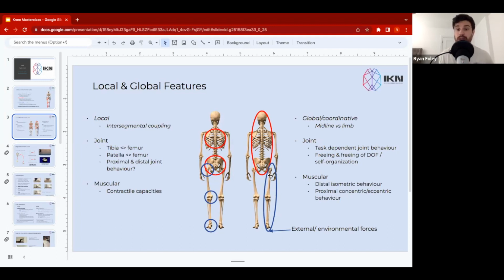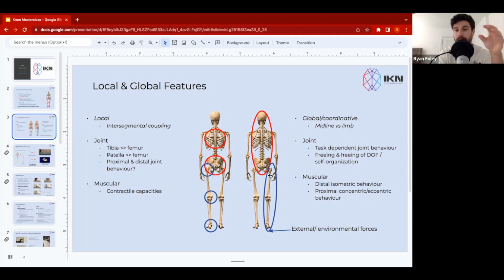This reduces the complexity of control, if you like. So imagine the femur was segmented like the spine. It'd be impossible to control our body, because there would be so many muscle length and joint angle changes occurring with every step. So we need to have some simplicity in the face of complexity to make it easier for the nervous system to distribute control across the anatomy as well.